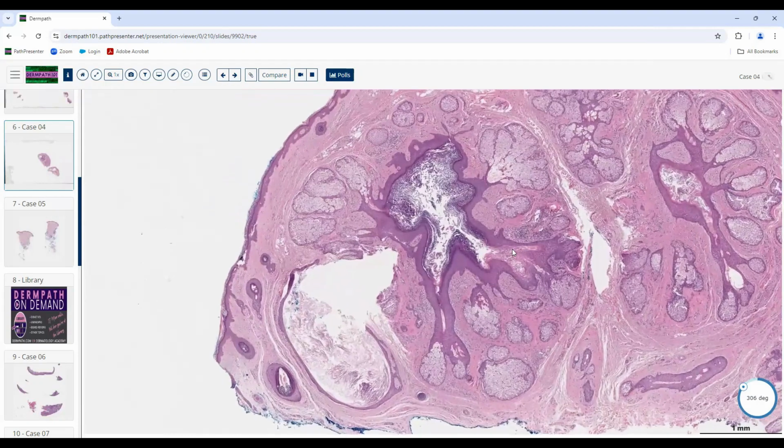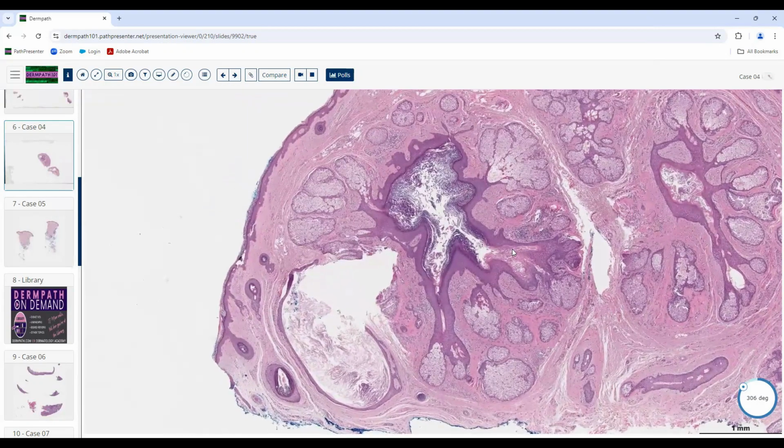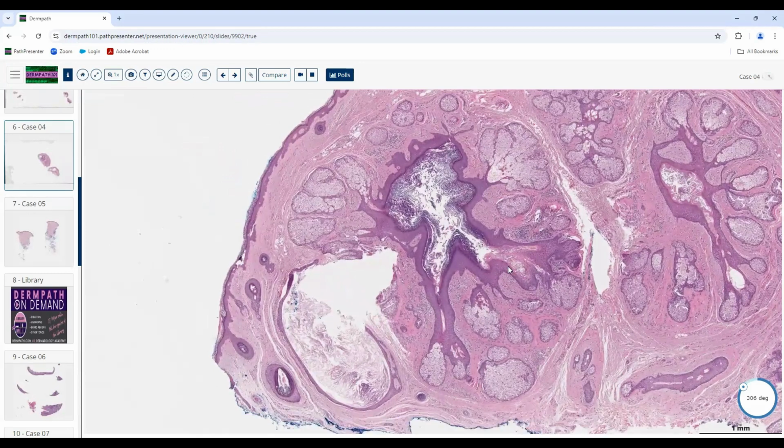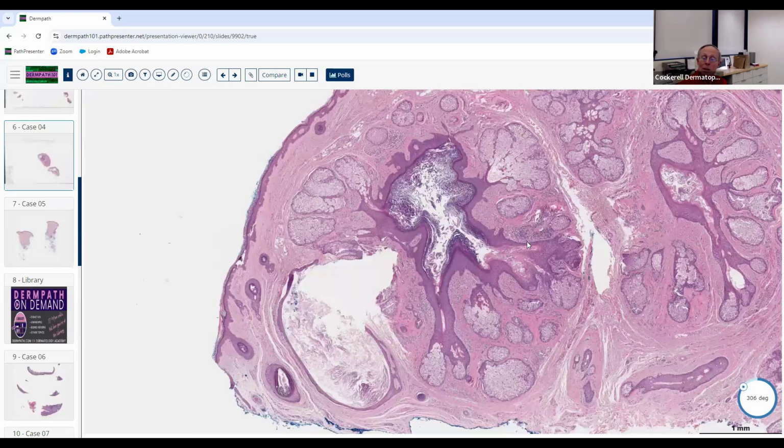It looks like a comedo-like opening with a bunch of these sebaceous units emanating from the wall. So there's a central cyst, and emanating from the wall of that cyst, it's almost like a little pinwheel-like morphology. You've got these sebaceous lobules.